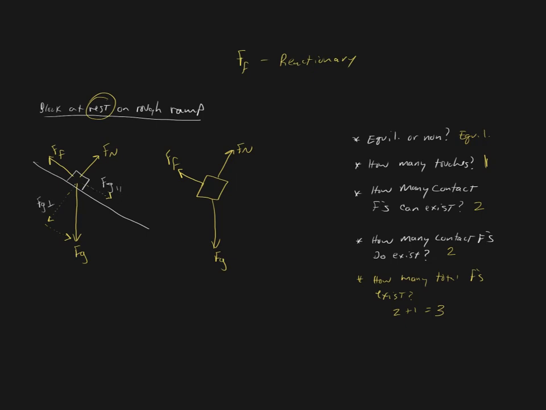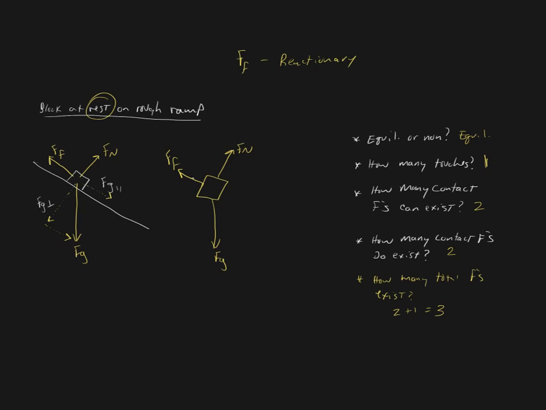You never include these on a free body diagram, especially on the AP exam. If you include FG parallel or FG perpendicular on the AP exam, you're going to end up losing points. And those are easy points. You never want to give up the easy ones. If there's a hard question, yeah, that's understandable that you might lose a point. But these are free points whenever they exist on the exam, so you don't ever want to mess that up.